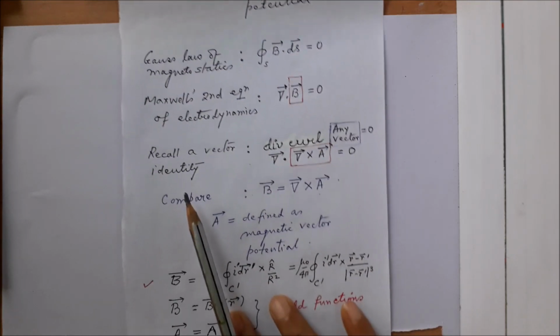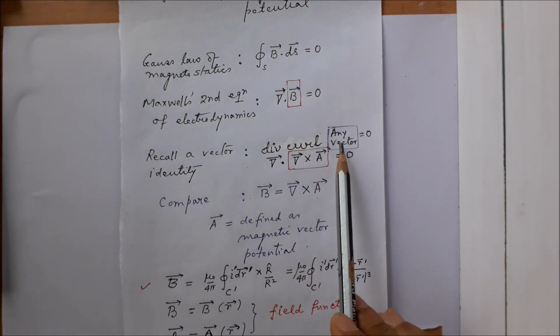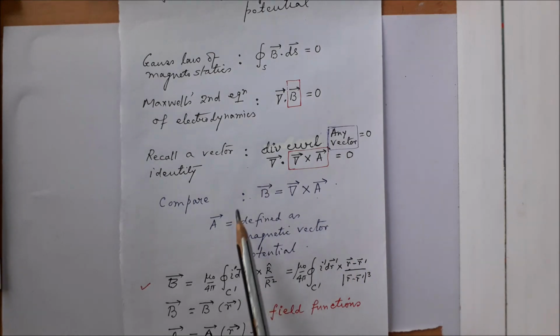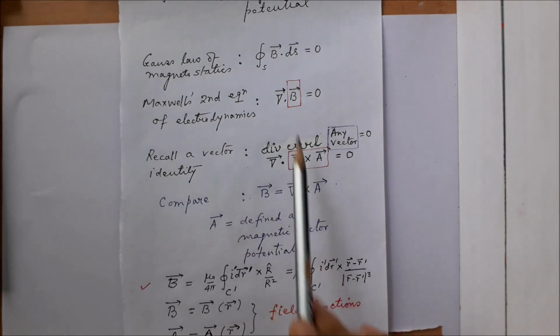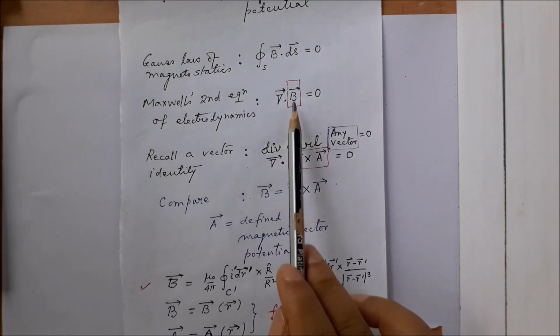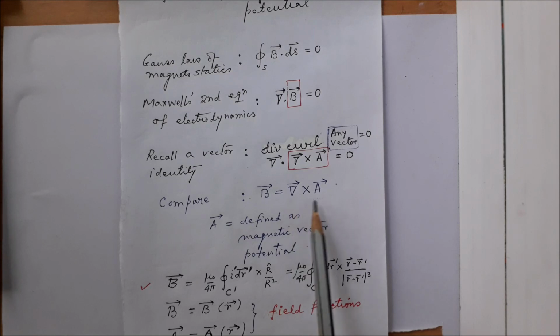Now let us use this vector identity, div curl of any vector equal to 0. So comparison gives us, here we have divergence, here we have divergence, so comparison gives us B equal to curl A. So we have B equal to curl A, where A is defined as magnetic vector potential.